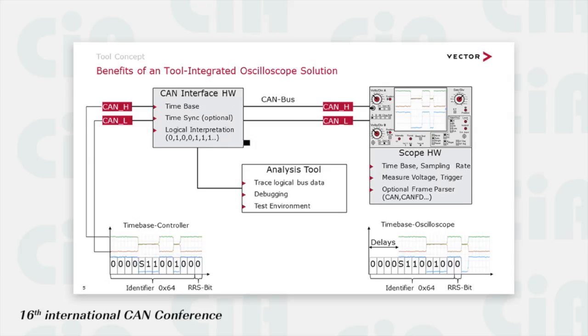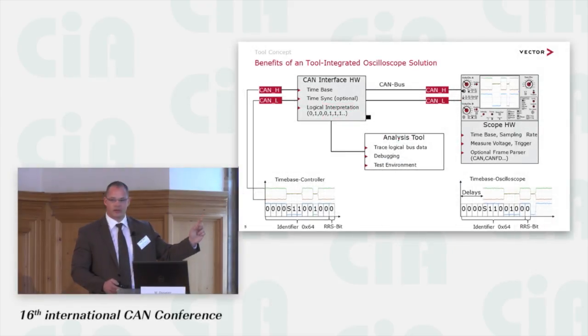Now the goal is to eliminate the time base of the oscilloscope and to transform all scope data into the time base of the controller. Therefore, two prerequisites have to be fulfilled. First, we need an electrical connection between the scope device and the CAN interface, solved by connecting the synchronization ports by a sync line.